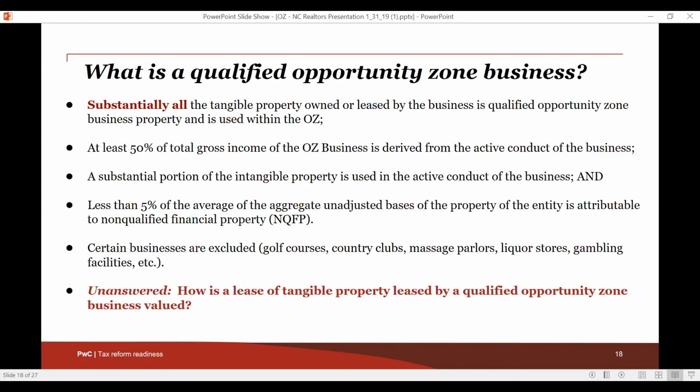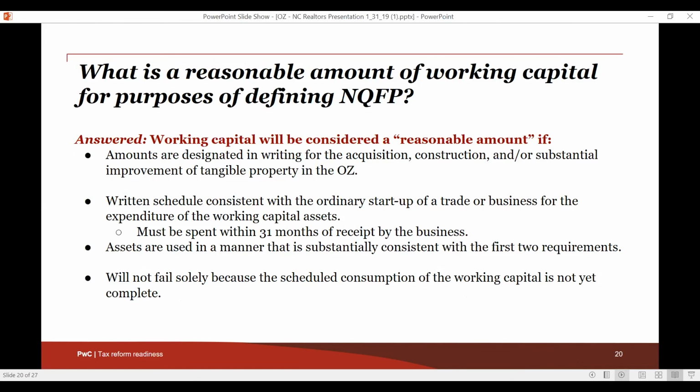I believe so, yes. The next question is, can you please review the role of cash in a qualified opportunity fund? So here's my slide on cash. There's a couple of parts. A lot of investors are contributing all of this cash into a fund.